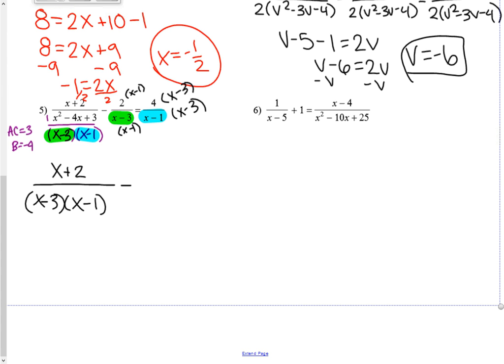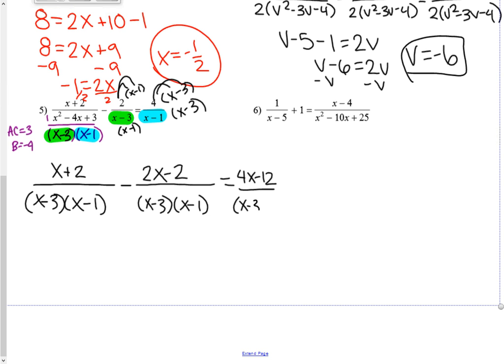My second fraction, I need to remember to distribute that 2, so I have 2x minus 2 over x minus 3, x minus 1. And my last fraction, remembering to distribute that 4, I have 4x minus 12 over x minus 3, x minus 1.